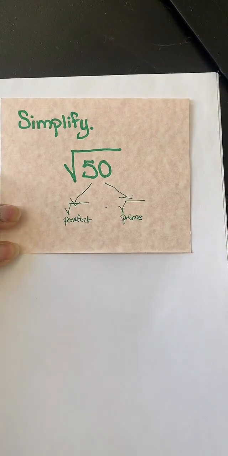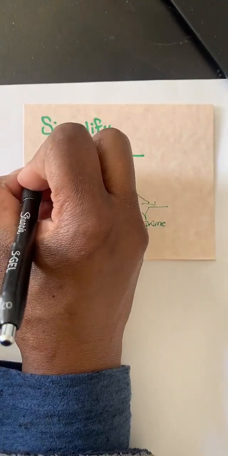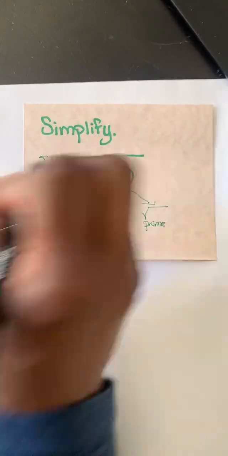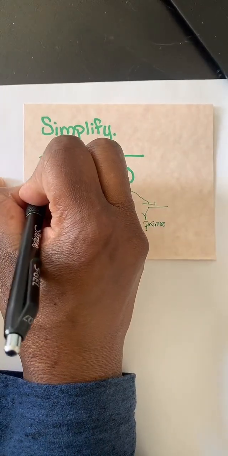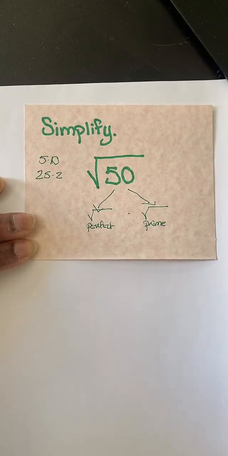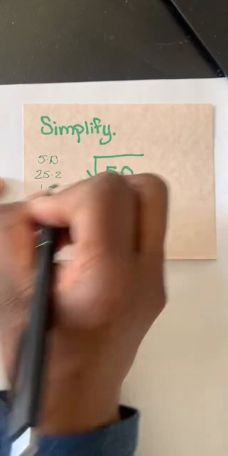So now we have to think of the multiples that will give me 50. I know that 5 times 10 will give me 50. I know that 25 and 2 will give me 50. And the normal 1 and 50.